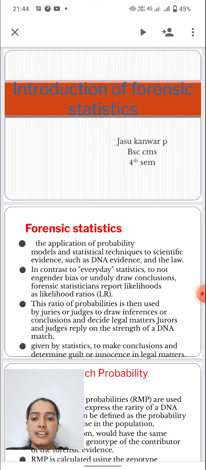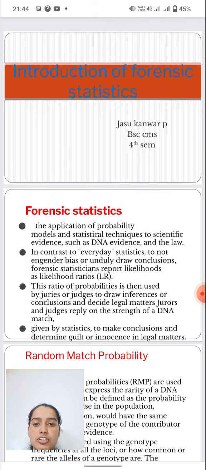Forensic statistics is the application of probability models and statistical techniques to scientific evidence, such as DNA evidence, and the law, in contrast to everyday statistics, not on an unduly drawn conclusion. Forensic statistics reports a likelihood as a likelihood ratio, LR.